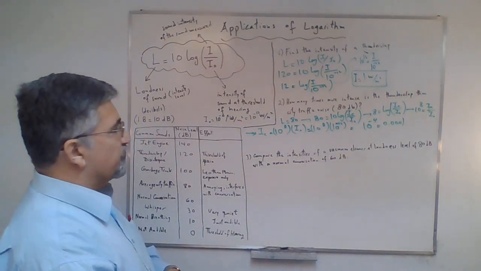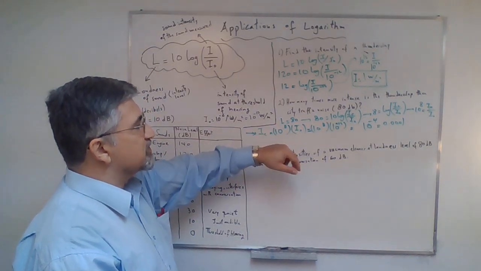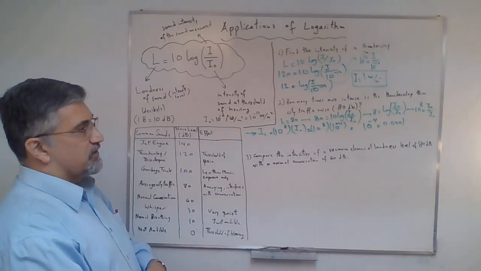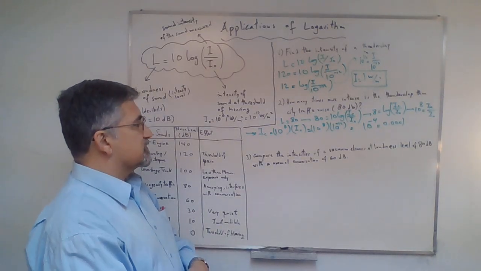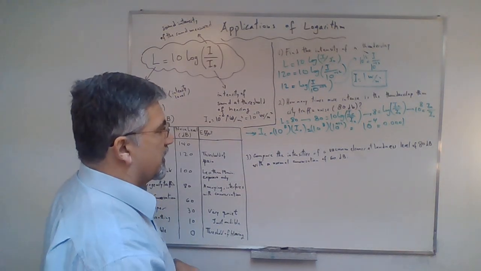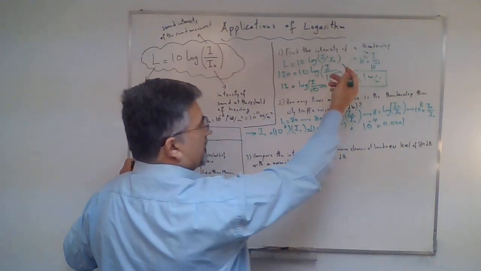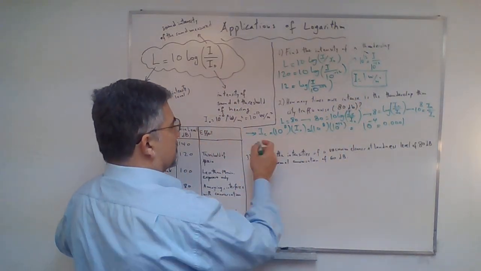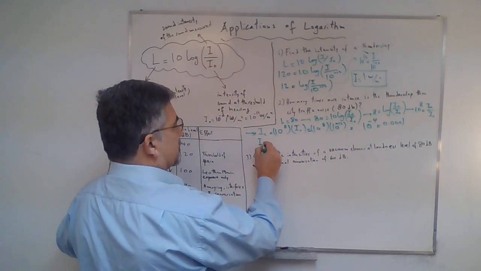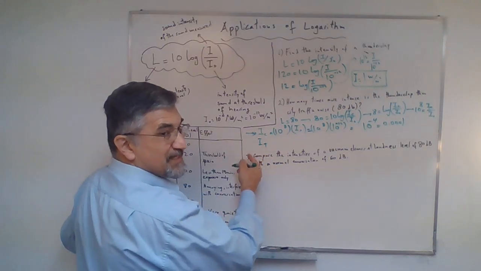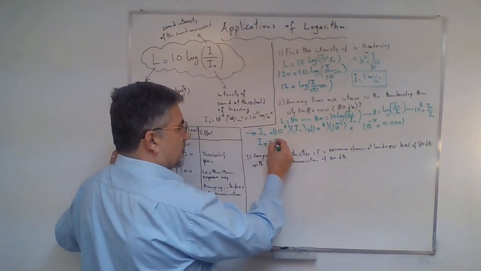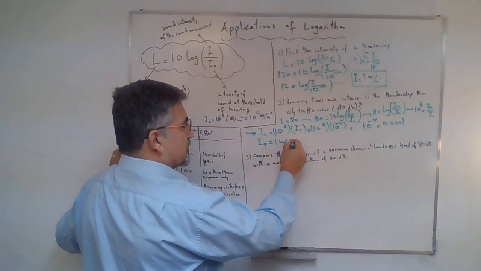And the question says, how many times more intense is the thunderclap than city traffic noise? And I think in part A, or in the other question, we found the intensity of the thunderclap. So I sub T I put here. The intensity was 1 watt per square meter.